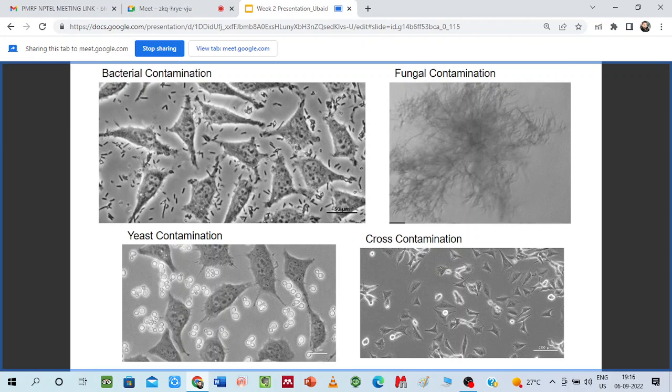If you are working with more than two cells, you have to work separately for each. But if there is a clear difference in morphology, and you visualize the cells very keenly, you can find that there may be two types of cells growing in the same plate. You have to be vigilant, because cross contamination will give wrong results, and you will not know that there are two cells, not one.